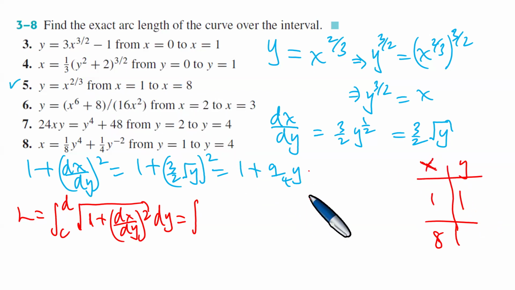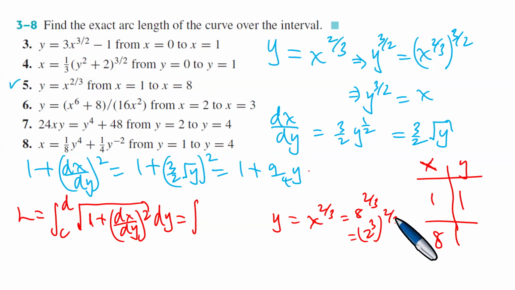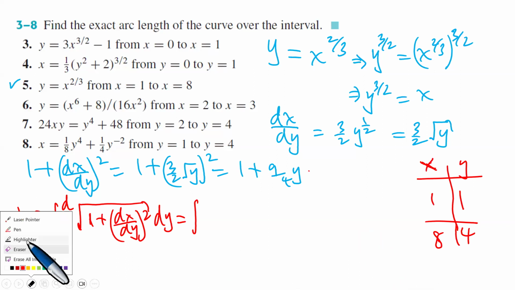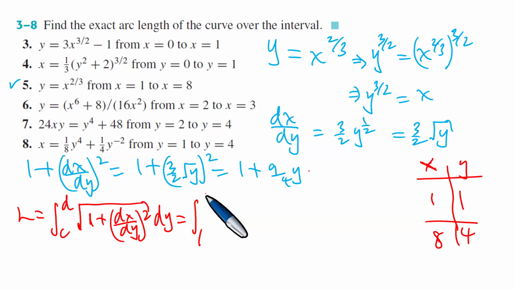If x is 8, in the expression x to the power 2/3, 8 is 2 cubed, to the power 2/3. The 3 divides, and then you have 2 to the 2, which is 4. So which means y is going to be exactly 4. Take note. So that you have 1 to 4.